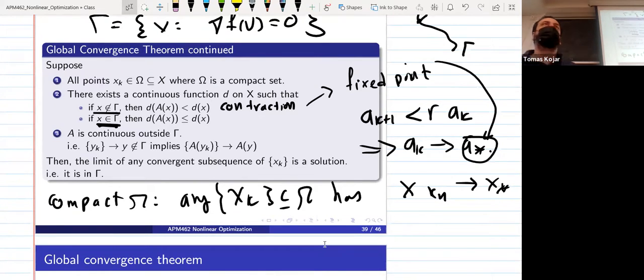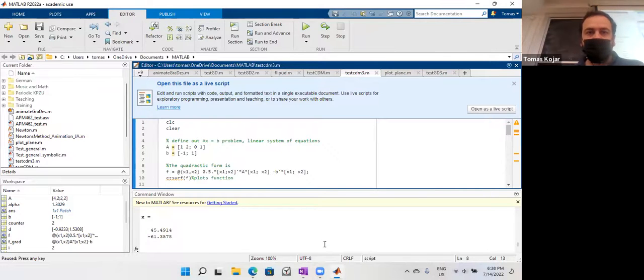I don't know what field you will be, but everybody cares about limits, like central limit theorem, strong law, whatever you are. To get limits, you often need what's called compactness, so closed and bounded. So this is no different. We need this condition.